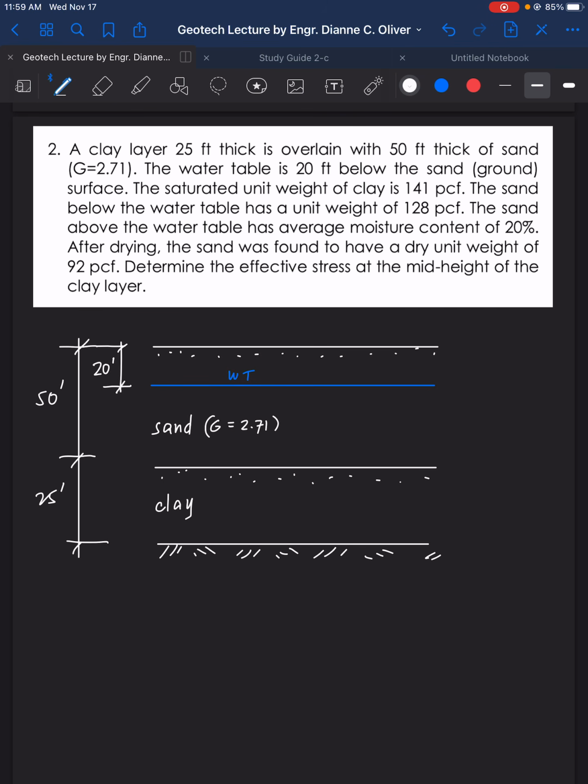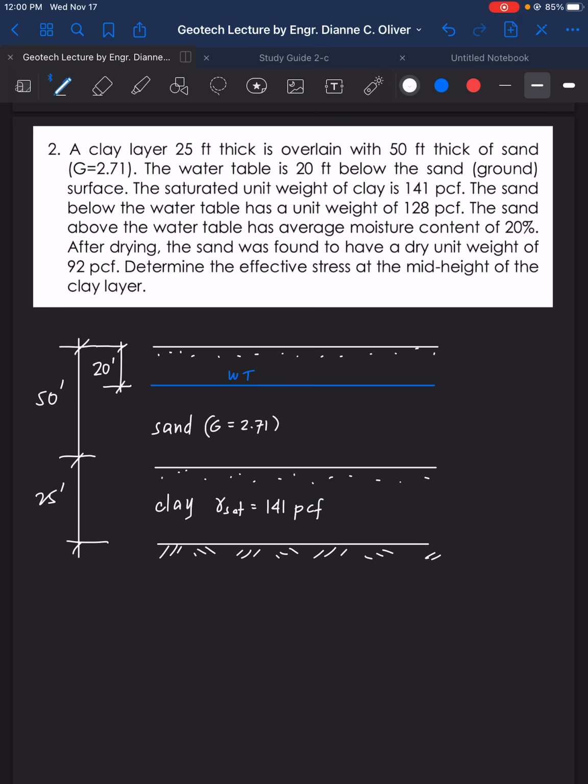And then we have the saturated unit weight of clay is 141 PCF, or pound per cubic foot. So 141 PCF for clay. The sand below the water table has a unit weight of 128 PCF.